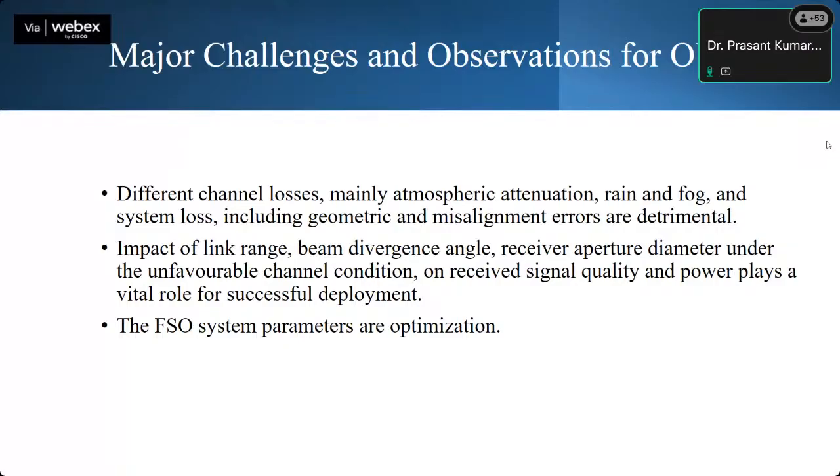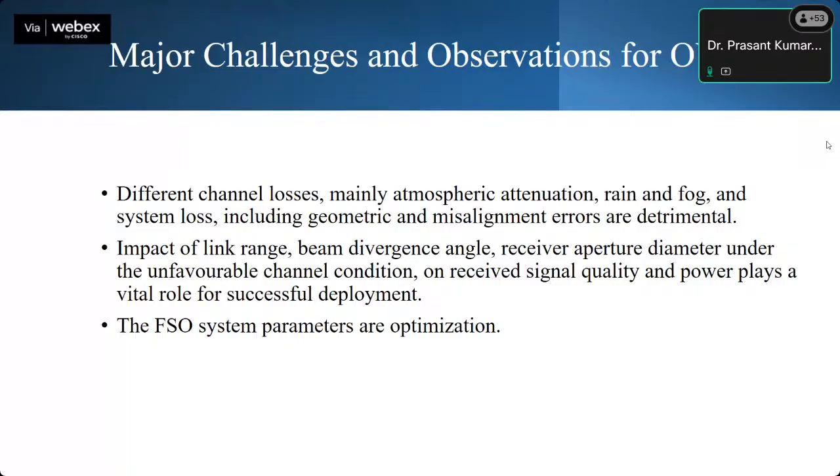We need to also look into the beam divergence angle of the source and the mechanism by which we can create the pencil beams. Then we need to think about the receiver aperture diameter optimizations, the different unfavorable conditions, the signal quality, and your power. How do you optimize it?